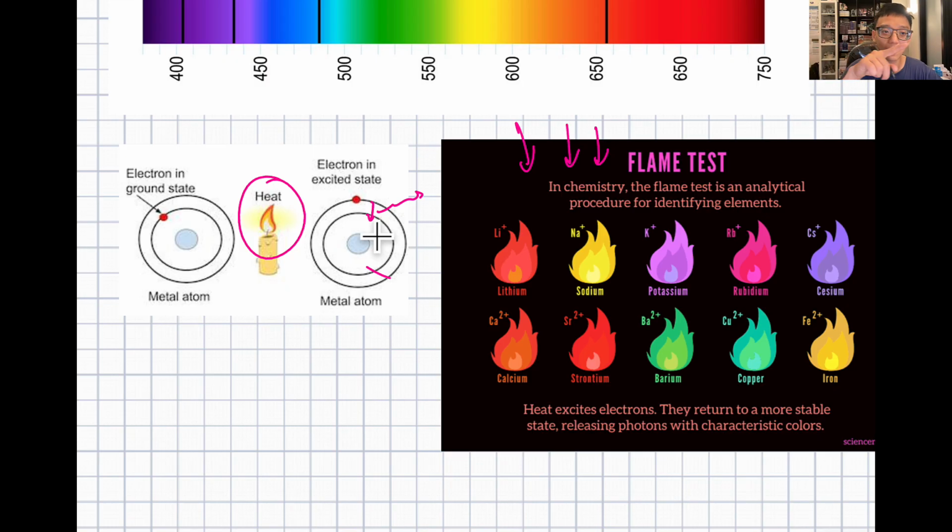Depending on the magnitude of going down, it will release different wavelengths, but that is more on the higher level. But the idea is that if we provide the exact amount of energy for the electrons to go up to a higher orbital level, eventually the electrons will go down, and in the process of going down, because the electron cannot sustain itself for too long, it will release energy that we can perceive.